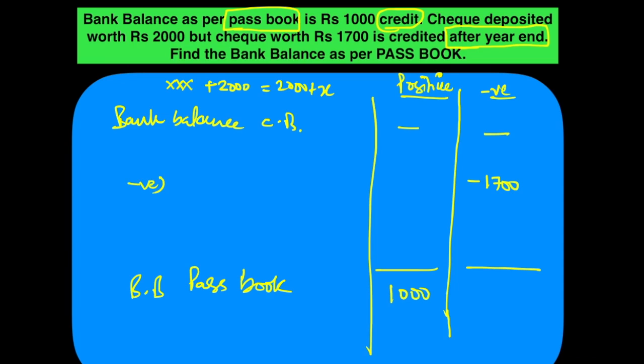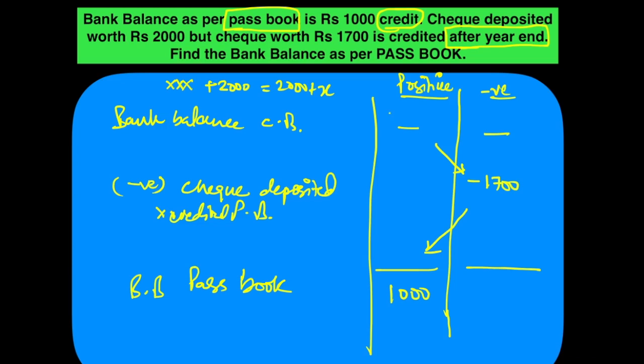So we are going to reduce this 1700, which is the amount of check deposited but not credited in passbook. So we had a certain amount of balance in the cash book. We reduced 1700 from this and then we arrived at a balance as per passbook which is 1000.